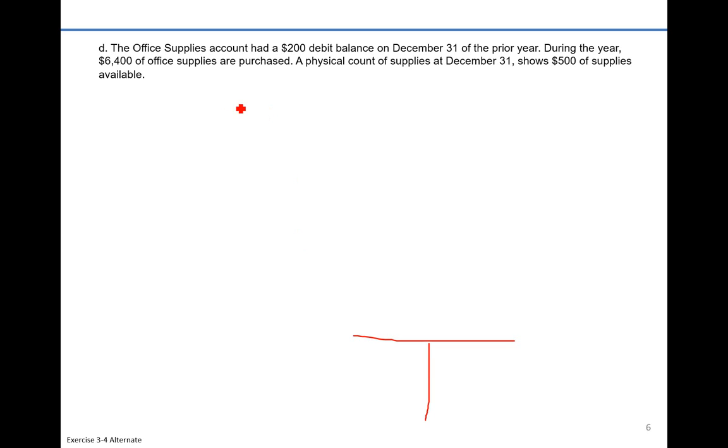And for supplies, we know the supplies had a beginning balance of $200. We also know that during the year, $6,400 of supplies was also purchased. They say a physical count shows supplies at the end of the year is 500.